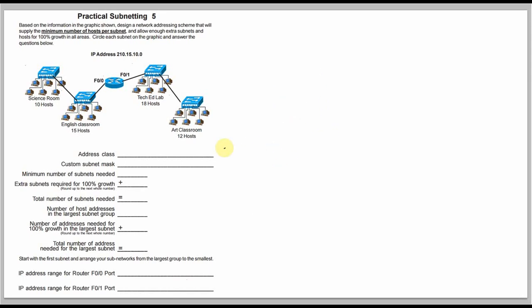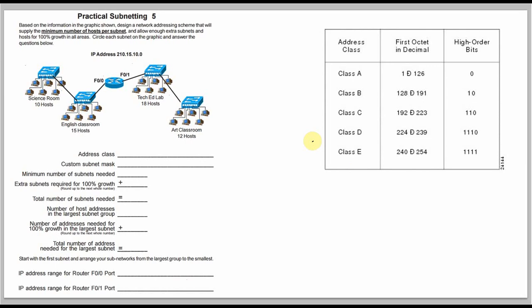Alright. So, address class. We have an IP address starting from 210, so it's a class C. Class C has a range from 192 to 223.